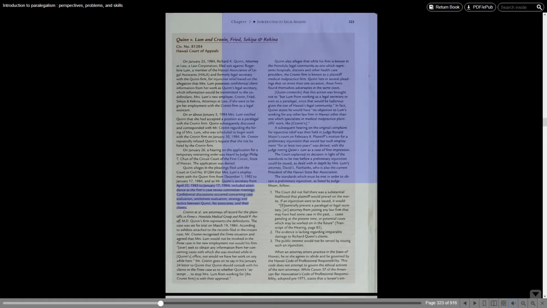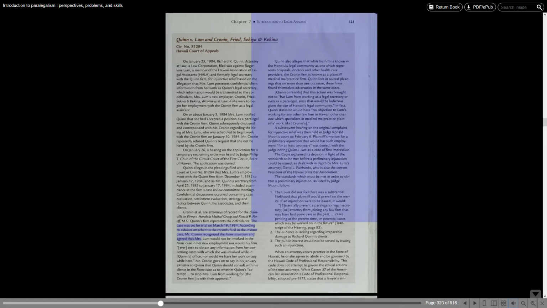Confidential discussions occurred concerning case evaluation, settlement evaluation, strategy and tactics between Quinn, his associates, and their clients. Cronin et al. are attorneys of record for the plaintiffs in Firm v. Honolulu Medical Group, and Ronald P. Perhoff, MD. Quinn's firm represents the defendants. The case was set for trial on March 1, 1984.